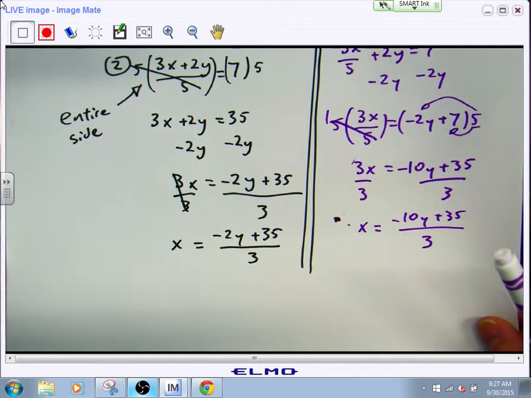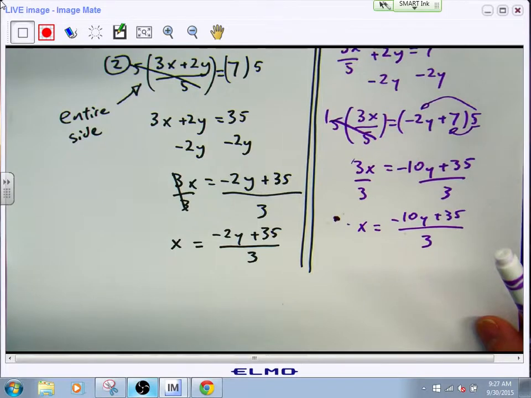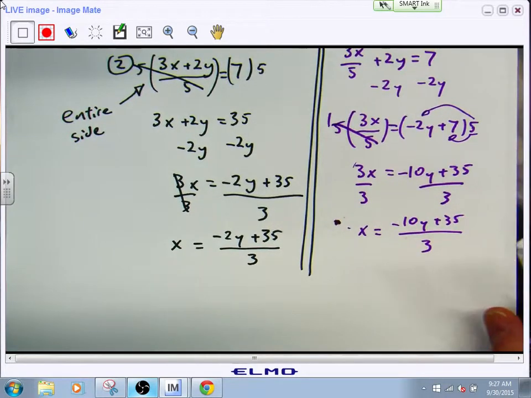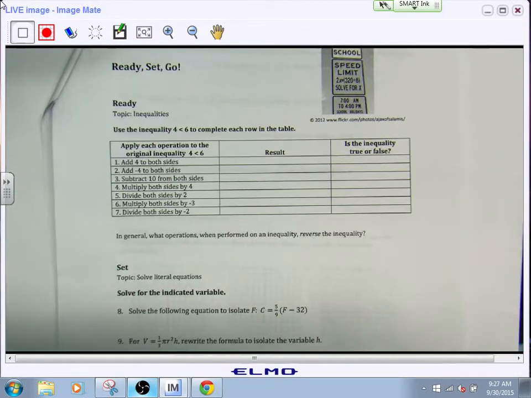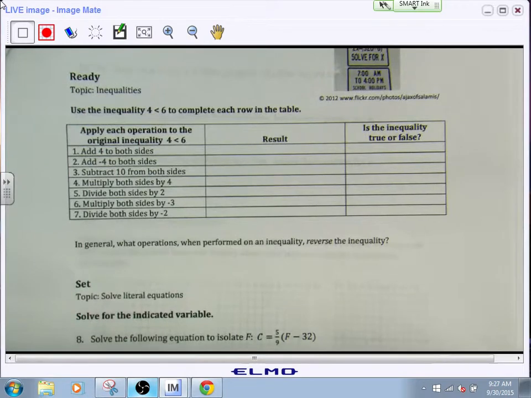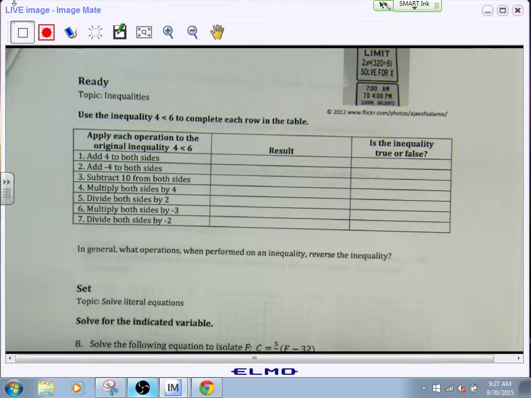All right, next, what I want to do is look at the next page and this section here where it's asking about inequalities. I'll zoom in here. Okay. All that this one is asking you to do is to rewrite the inequality each time.